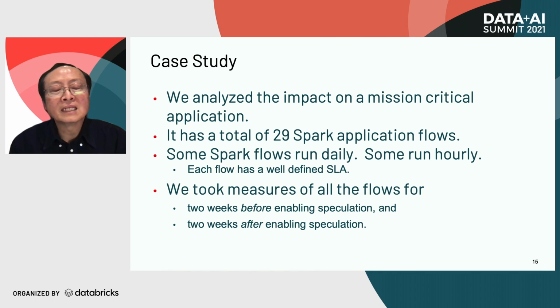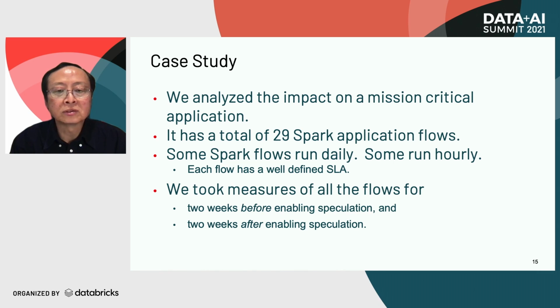In our multi-tenant environment, we have many production jobs, and also we have many development jobs running on our very large cluster. So the jobs vary daily. And here we just sample a mission critical application, and this application is run every day.